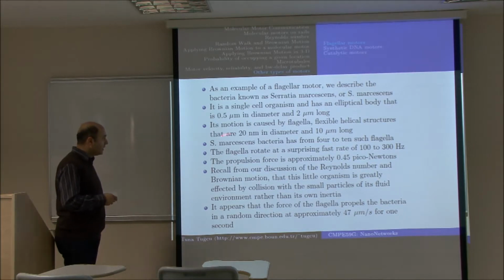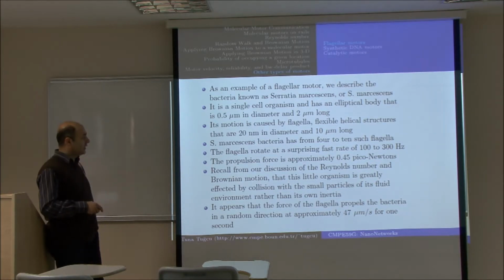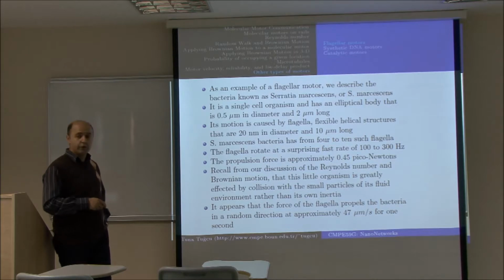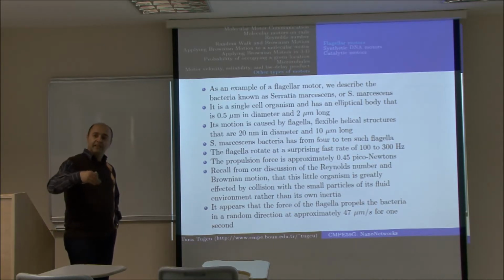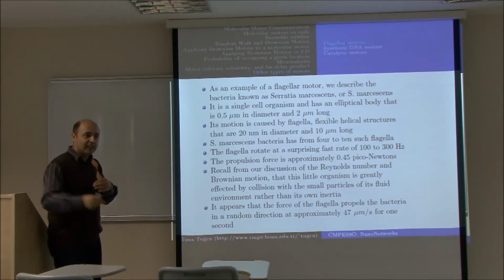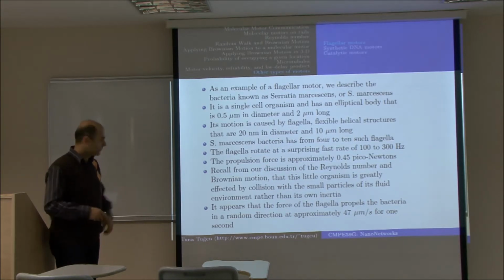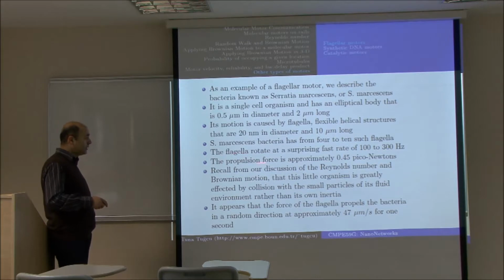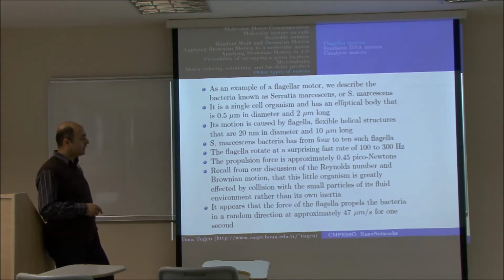And the bacteria has 4 to 10 of such flagella, like 4 to 10 long tails behind, that help it to move around. And the propulsion force is approximately 0.5 piconewtons.